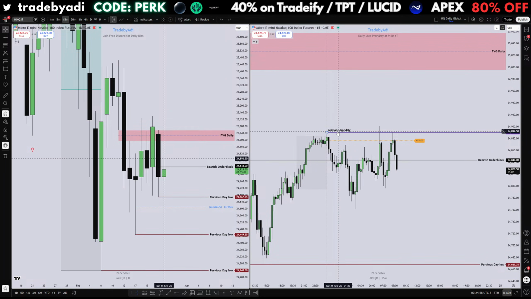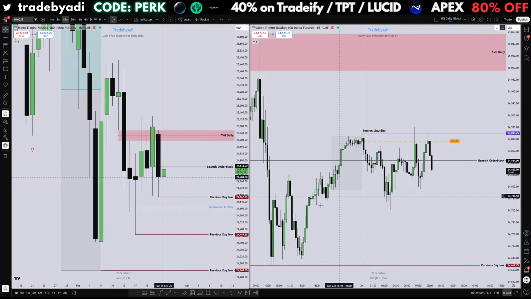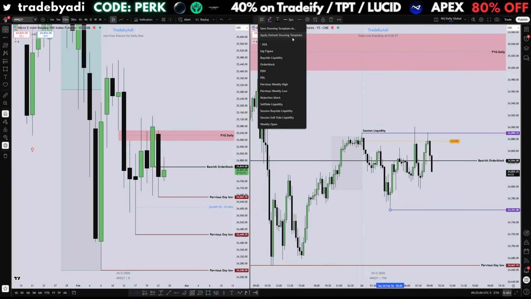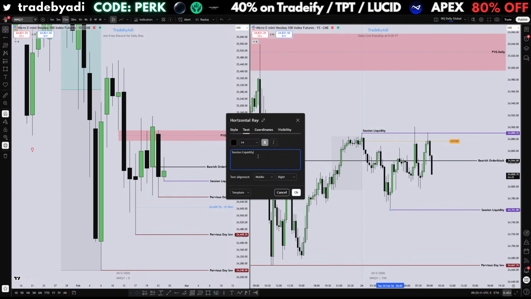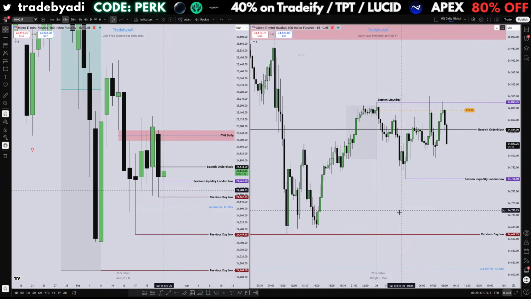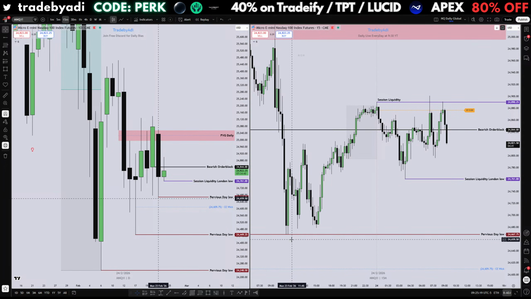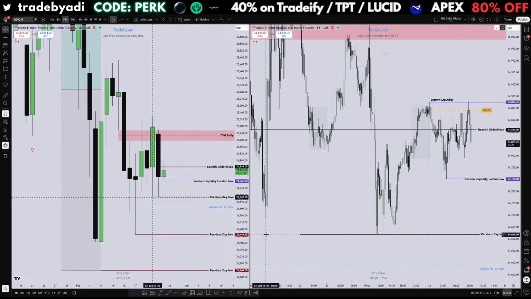So we have taken out this buy side liquidity, and I'm going to mark the nearest draw on liquidity. It will be the London low, session liquidity. And this is the previous day low and AM session low, yesterday's one. So this is not a random highs and lows.